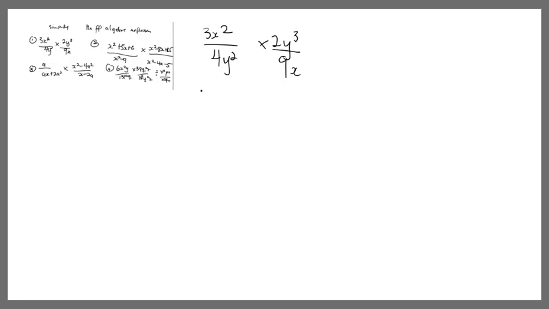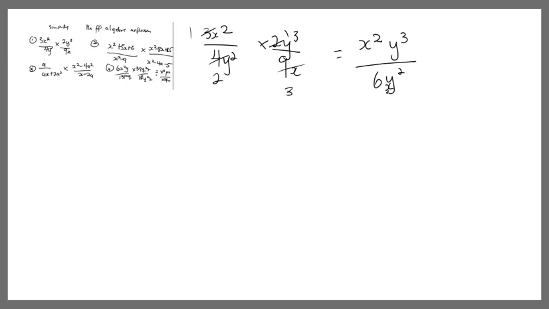So this is basically the simplest of all. So cross multiplication: 2 will go into itself 1, 2 will go into 4 how many times? 2. 3 will go into itself 1, 3 goes into 9 how many times? 3. So now let's rewrite it. x squared y cubed all on 6 y squared.